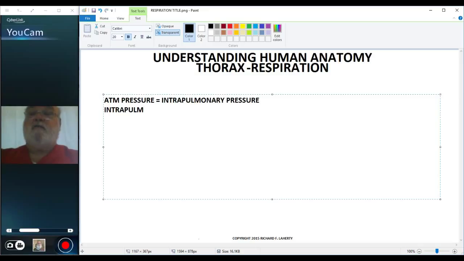Intrapulmonary pressure is greater than intrapleural pressure. And intrapleural pressure is greater than intrathoracic pressure.